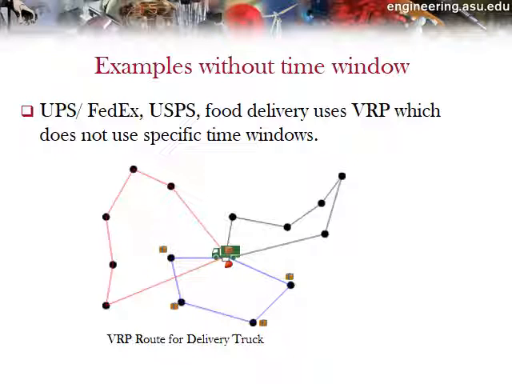It's virtually none. And you can see in this example, the truck is picking up packages or delivering packages. Then he's delivering food, going back to the depot. Now he's picking up packages and going back to the depot. This is exactly how VRPs operate.